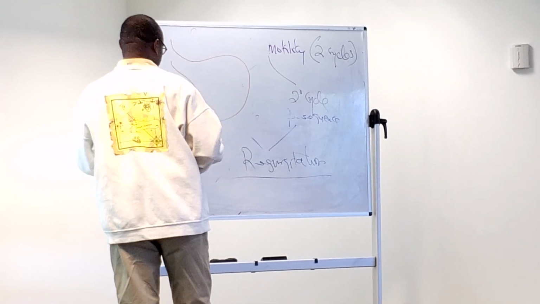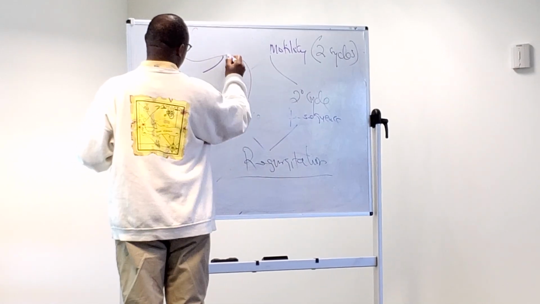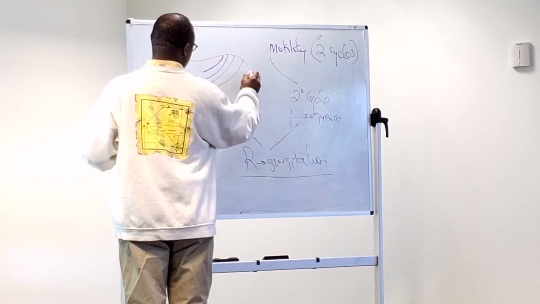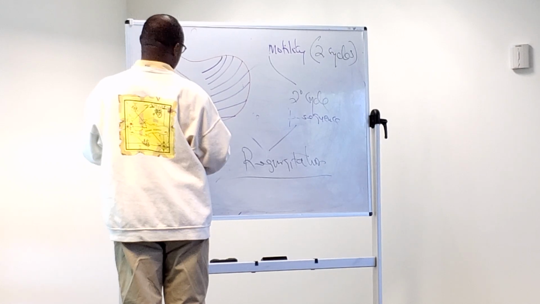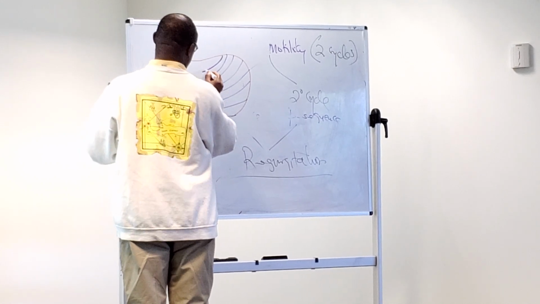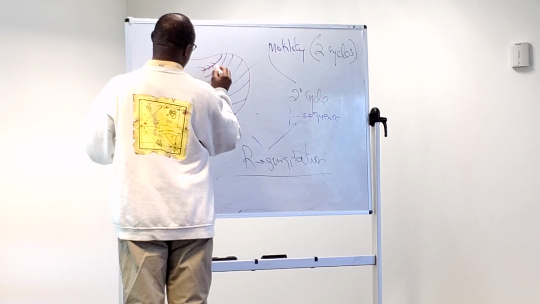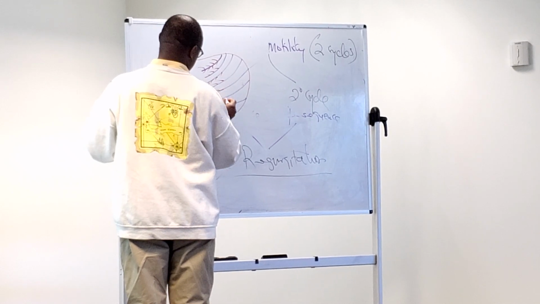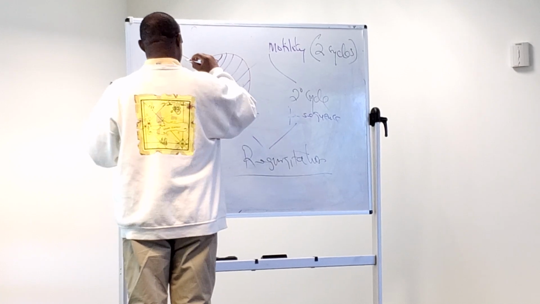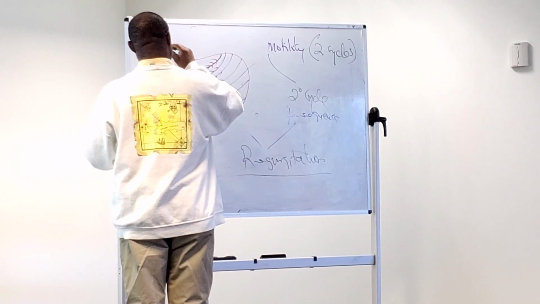So that's the omasum. We have the several papillae. These are the omasal leaves, with each of these having several papillae. This is now an opening.